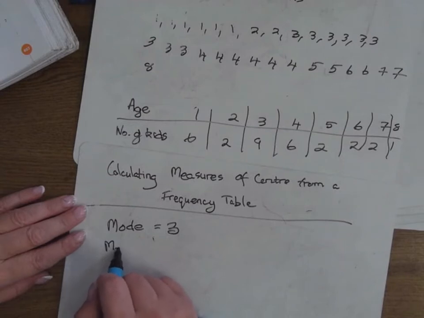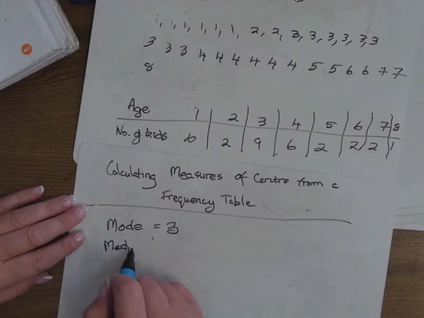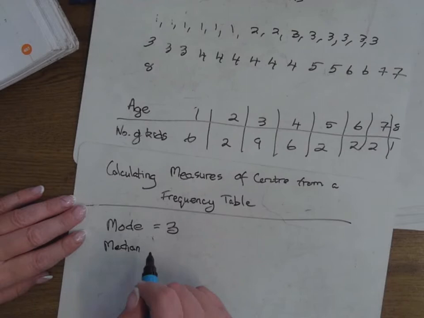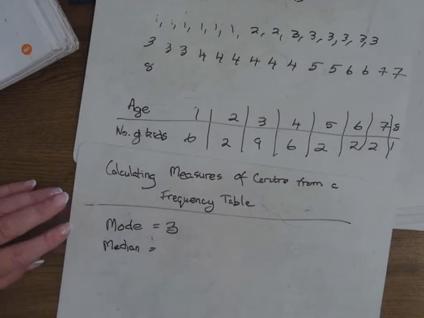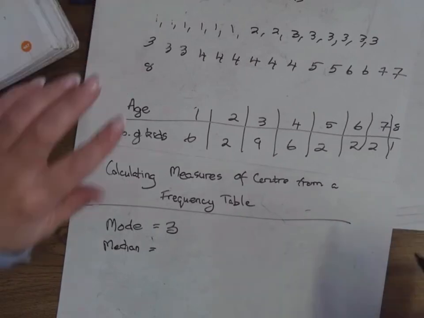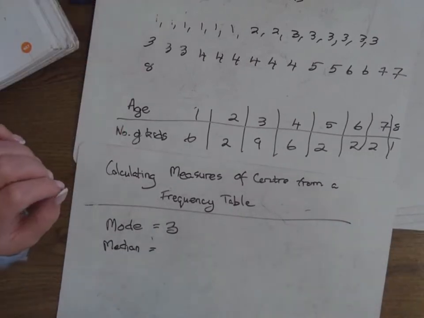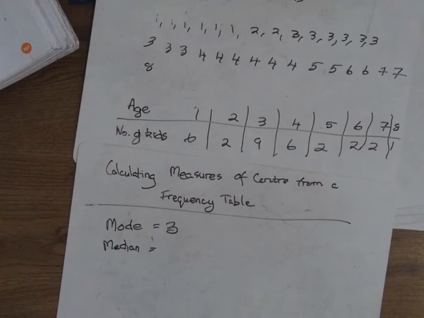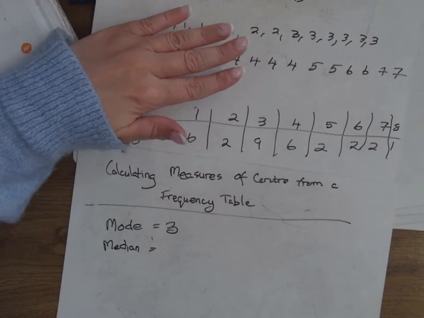Median. The median, girls, is the middle number. Would you agree? You'd line them up, one at the front, one at the end, one at the front, one at the end, etc. Agreed? But we're pretending we don't have the list now.